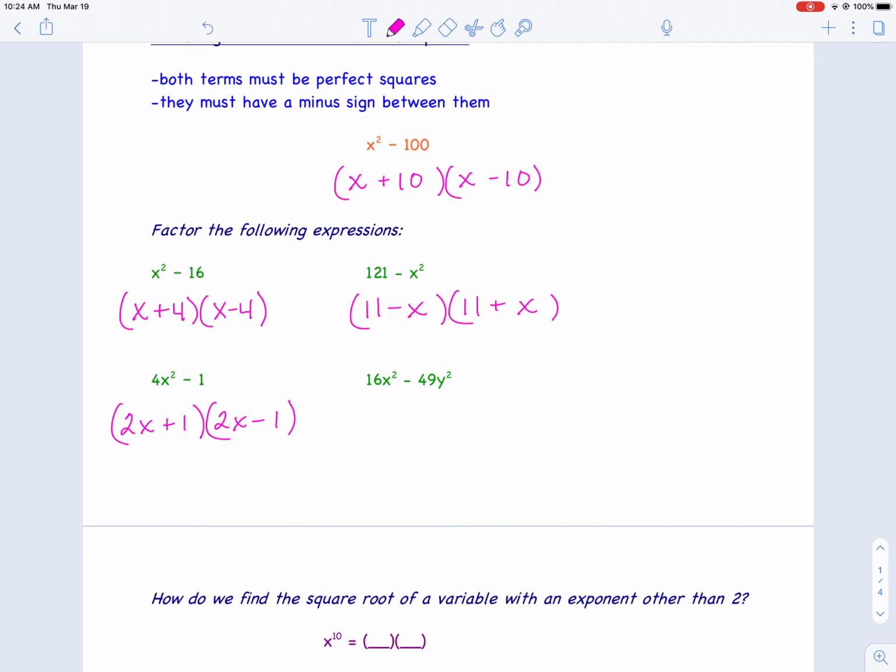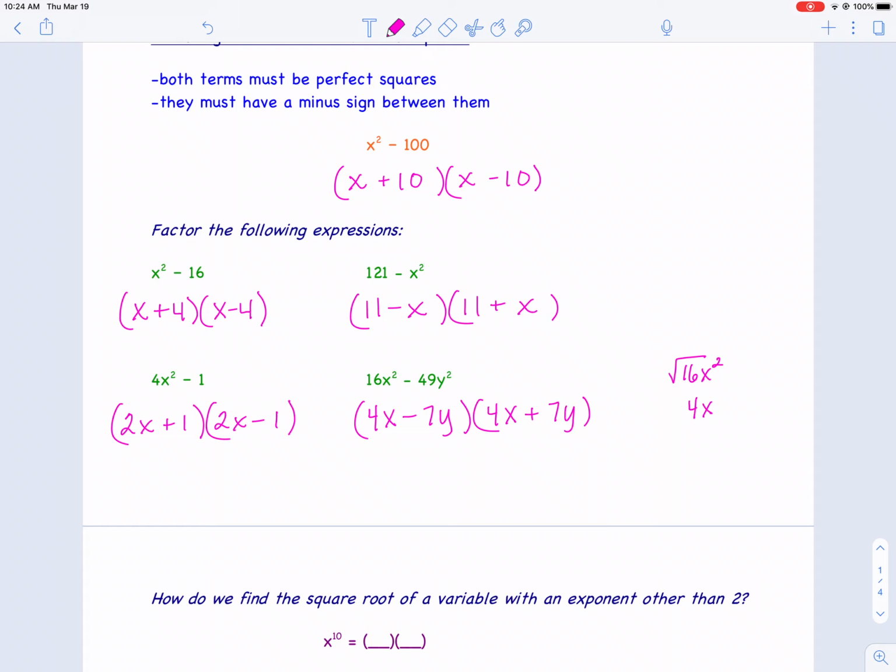When we kick it up a notch and we put some coefficients in front, here with the 16 and the 49, when you open up your two sets of parentheses, you have 4x would go in the front of each. The square root of 16x squared is 4x. And you could take a minus and a plus. The order of those does not matter. And you could put a 7y and 7y.